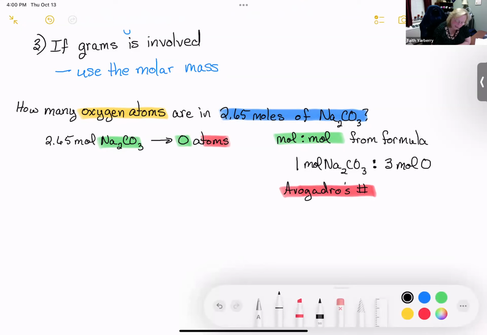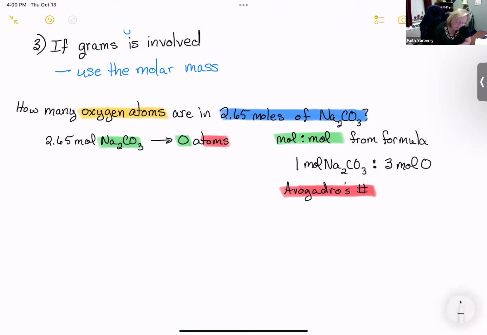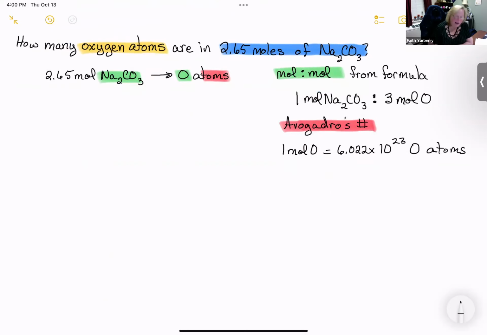So that would be 1 mole of O is equal to 6.022 times 10 to the 23rd of O, in this case, O atoms. So I have possible conversion factors. Now I'm ready to start the math.